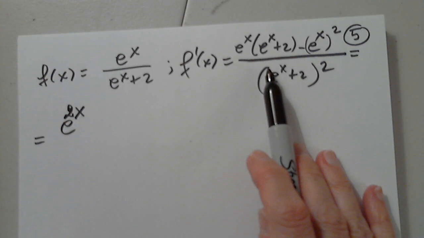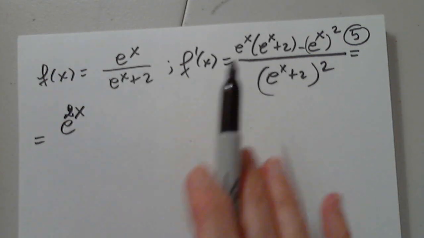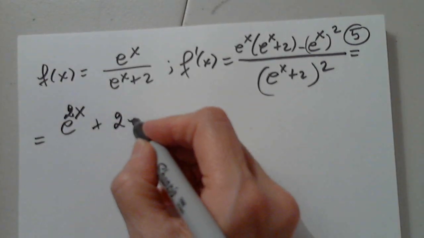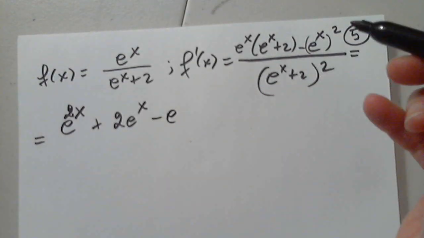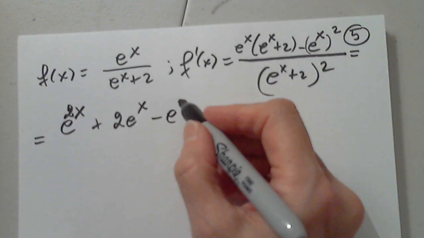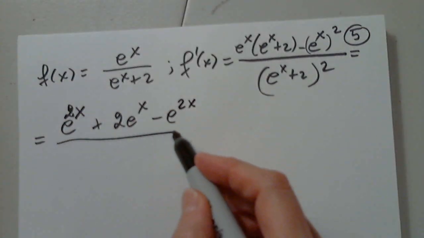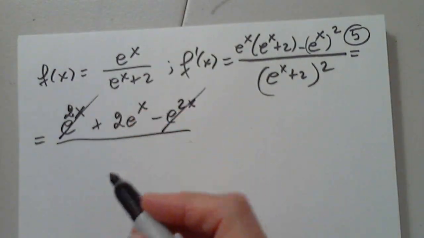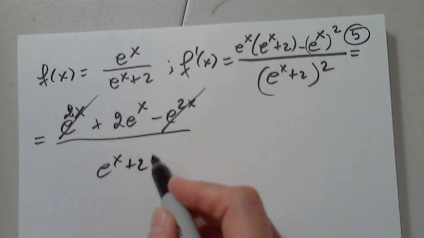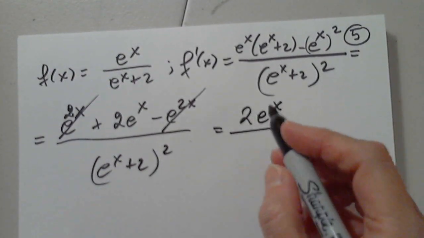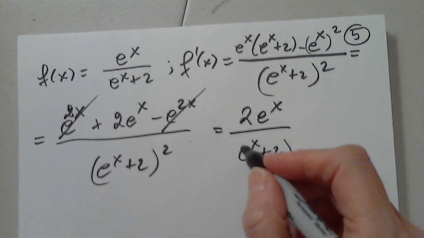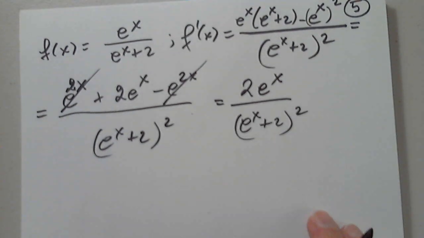E to the x times e to the x, copy the base, add the exponents, plus 2e to the x minus e to the 2x. I'm super happy. So the answer is 2e to the x over e to the x plus 2, everything squared.